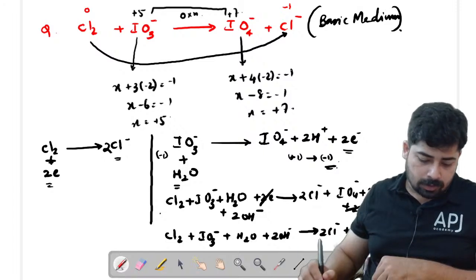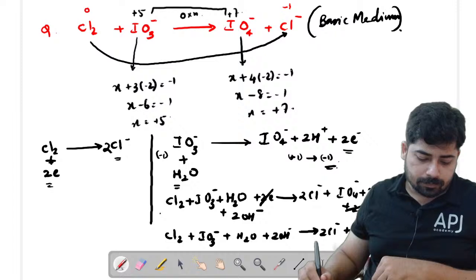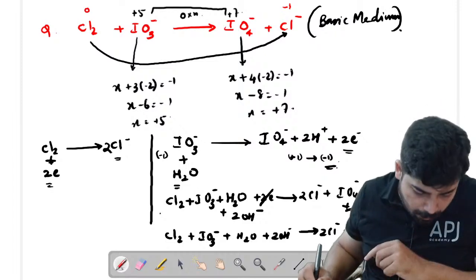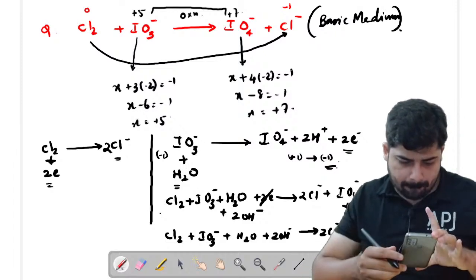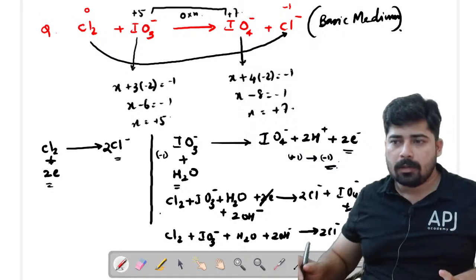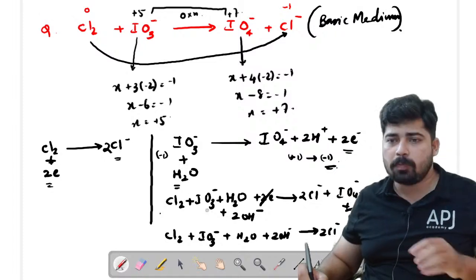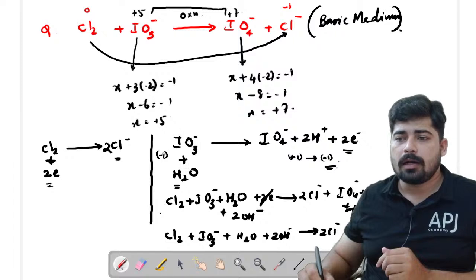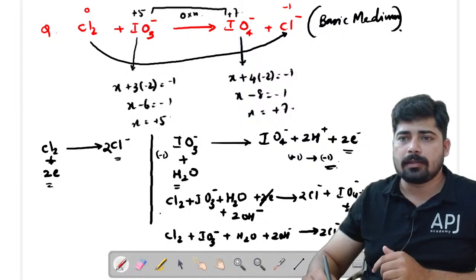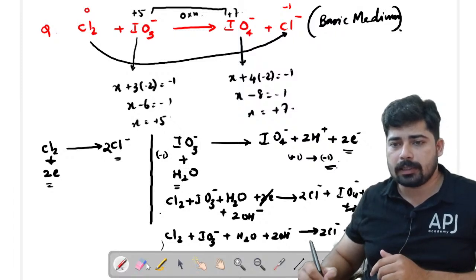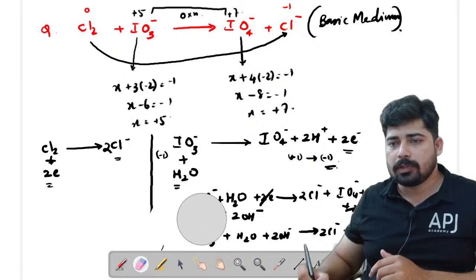Okay, so you can see that, maybe I am covering the small portion there. Let me rewrite it here. Okay, let me rub this and rewrite so that it will be visible for you.